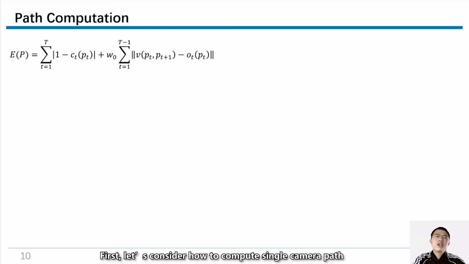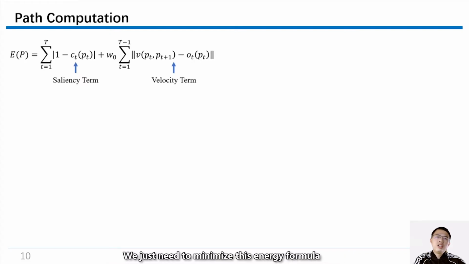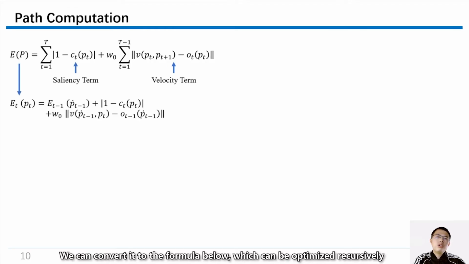First, let's consider how to compute a single camera pass. We just need to minimize this energy formula. The left term is for saliency and the right term is for velocity. P_t represents a 2D pixel coordinate at the t-th keyframe. We can convert it to the formula below, which can be optimized recursively.